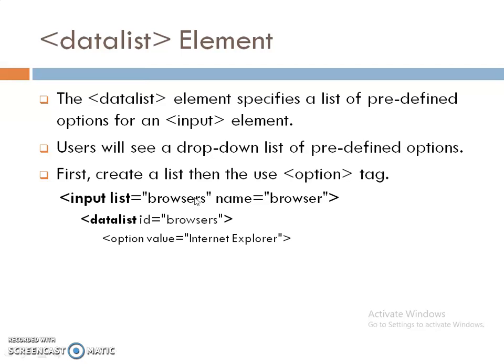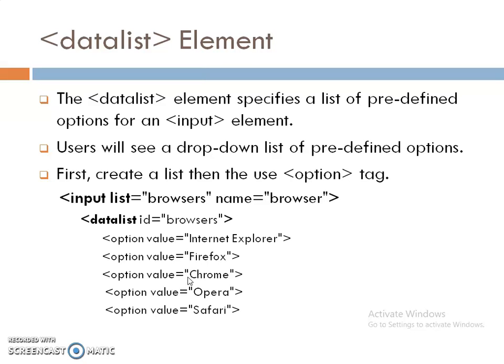First value we pass using an option tag: option value is equal to my first value. We pass the second value using an option tag: option value is equal to second value. In the same way, value number 3, value number 4, value number 5, and complete our datalist tag.